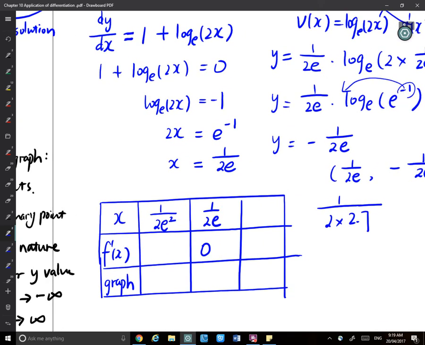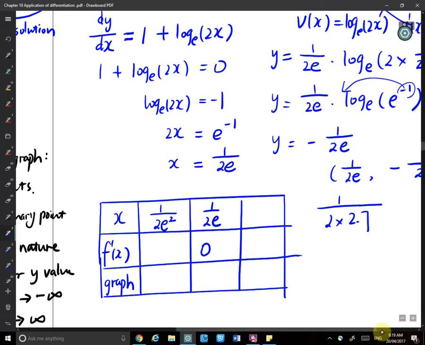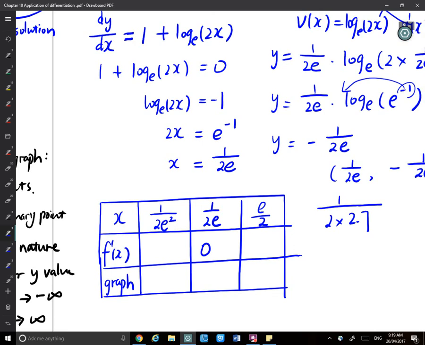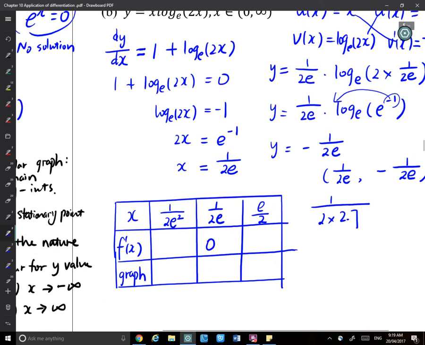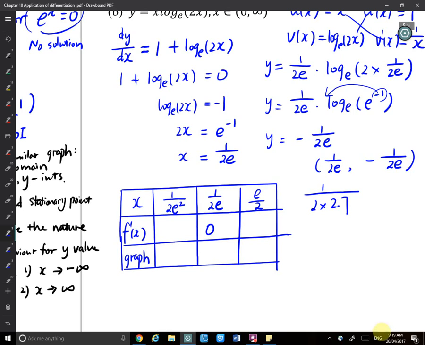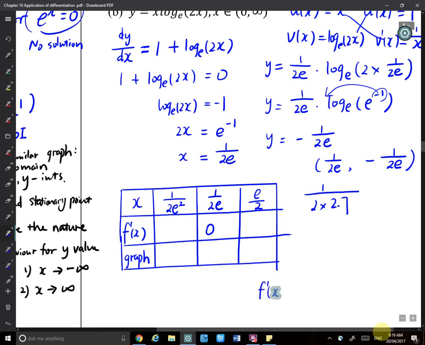And I will put another number in it. Let's put e over 2. It must be a number greater than that, and then I can easily do the substitution. So what is f'(x)? f'(1 over 2e squared) equals 1 plus log e of 2 times 1 over 2e squared.